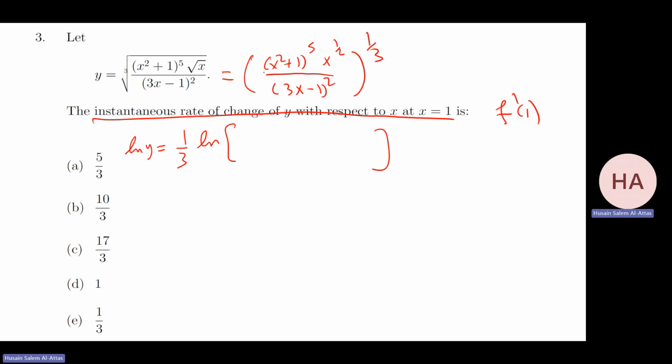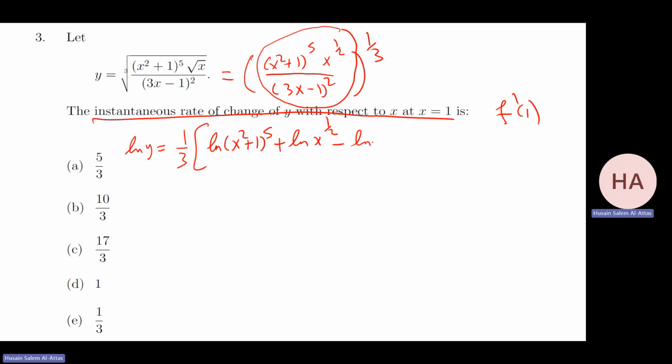Taking ln, I can simplify it: 1 over 3 times 5 ln x squared plus 1 plus half ln x minus 2 ln 3x minus 1.